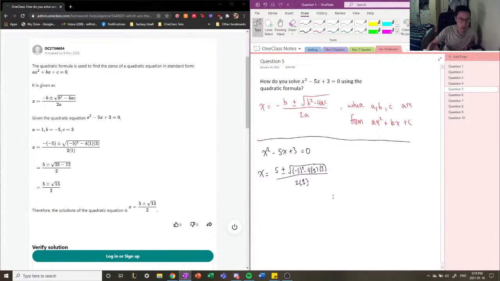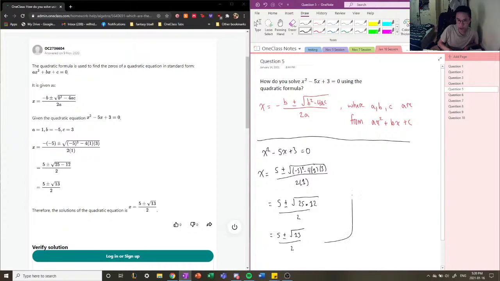Okay. Alright, so if we were to simplify our square root in there, we have 25 minus 12 divided by 2, and then we have 5 plus or minus root 13 divided by 2.